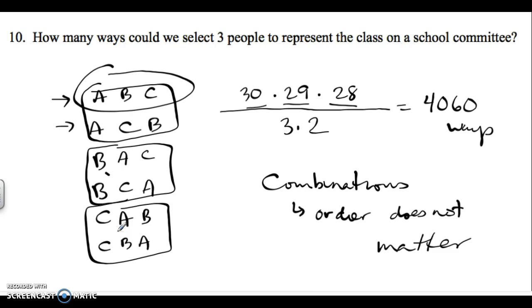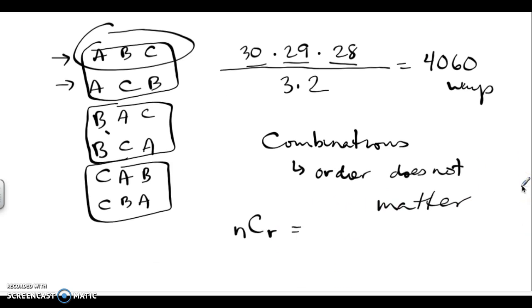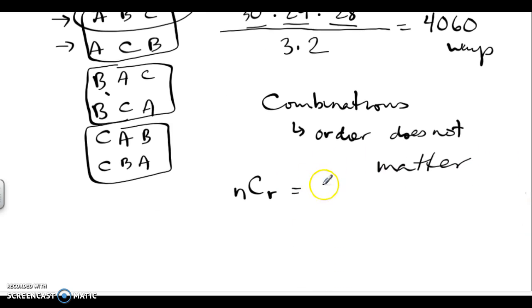In the combinations formula, we have nCr, the number of elements total, and we choose our number of things, which is the same thing as n factorial divided by r factorial times n minus r factorial.